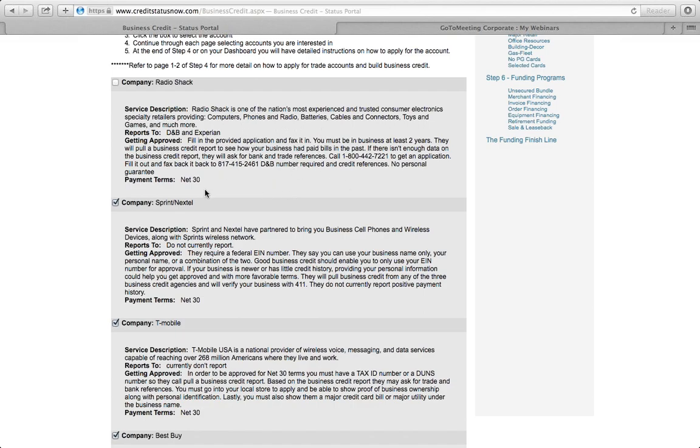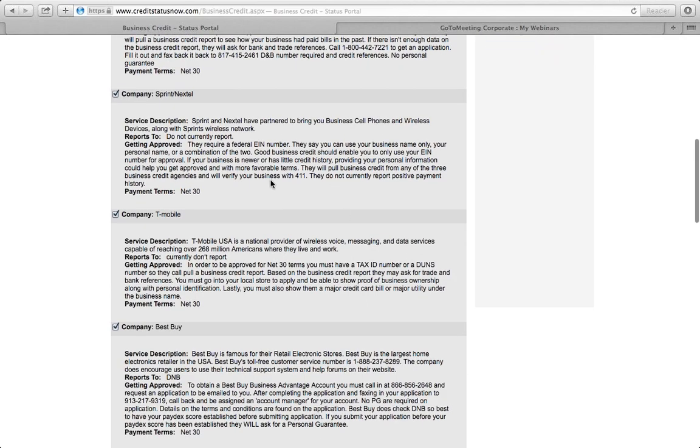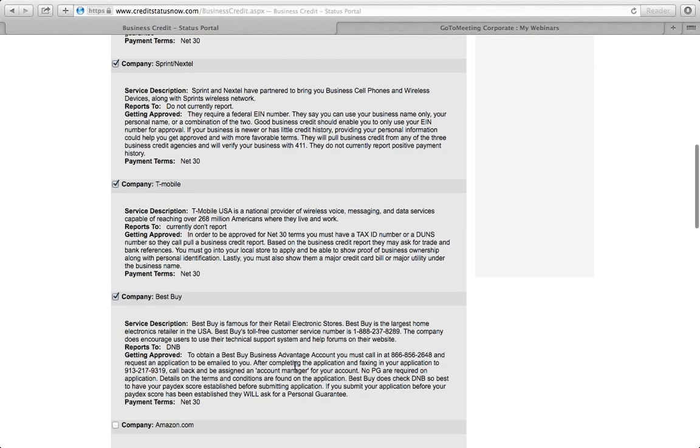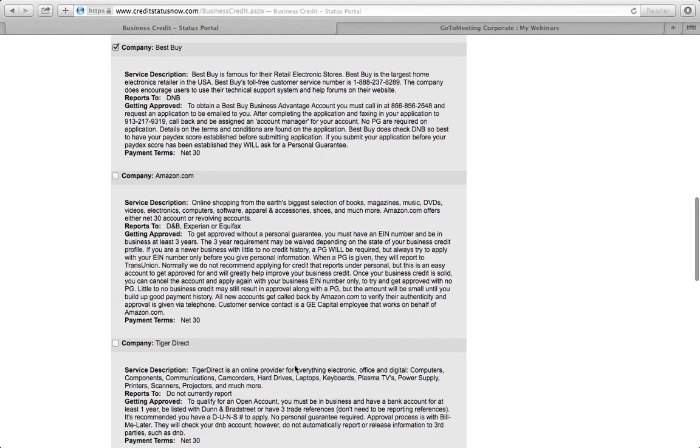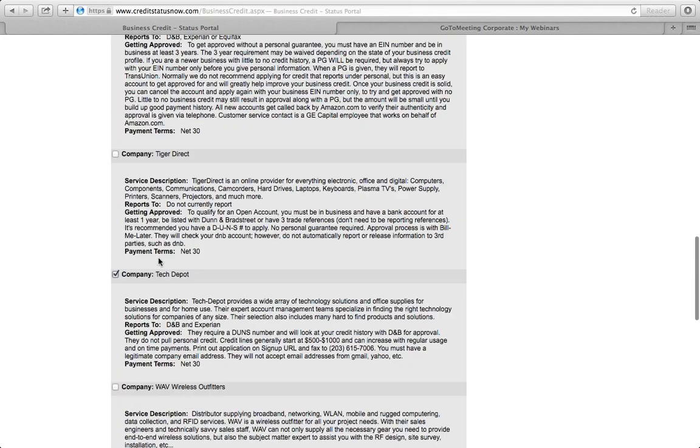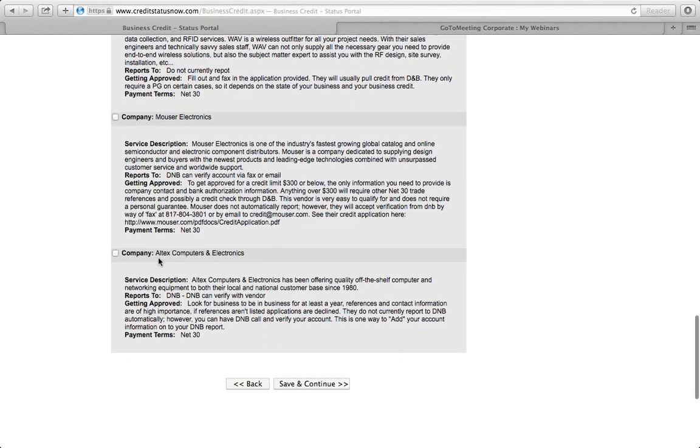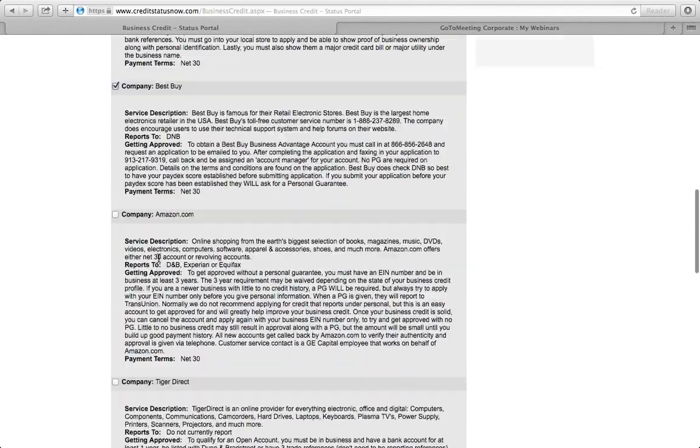So you want to remember that these are variables that Radio Shack is looking for. And we line this out on all of these trade accounts, so you can read through and make those decisions that are best for you. Amazon wants you in business for at least 3 years, and so on. So you'll go through these lists and decide what is best for you.